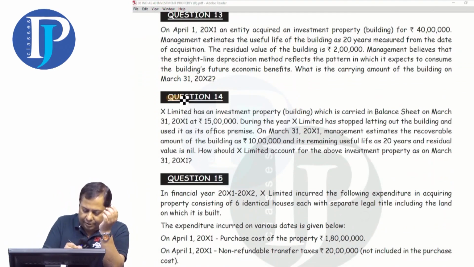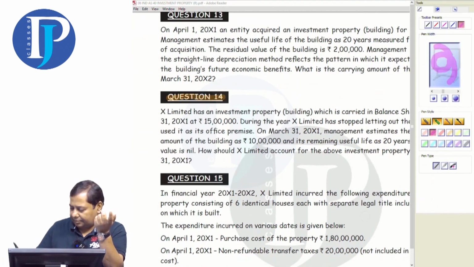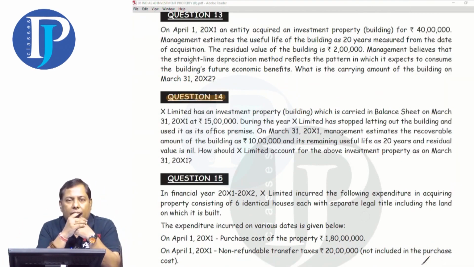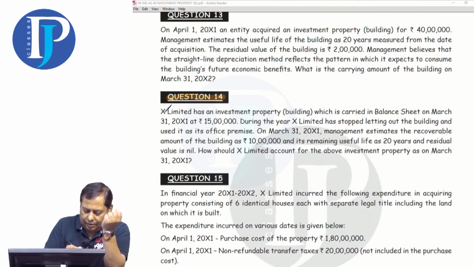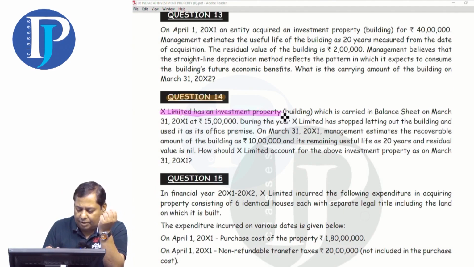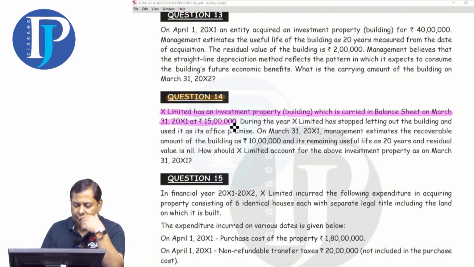Look at question 14. This question is small too. Question 6 is done. Question 12 is done too. I am at question number 14. X Limited has an investment property building which is carried in the balance sheet on March 31st, 20X1 at 15 lakh rupees.